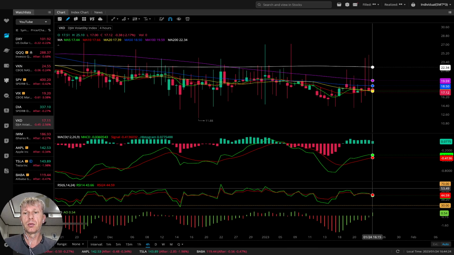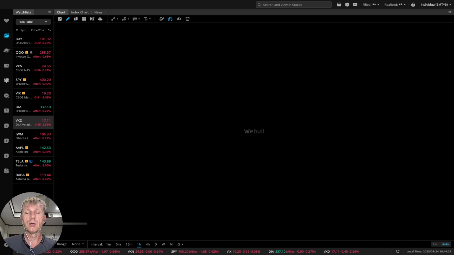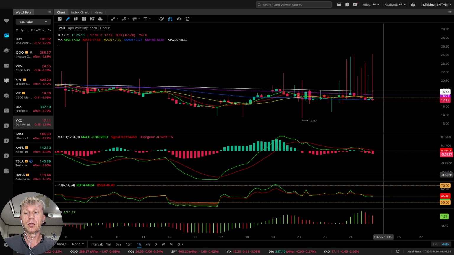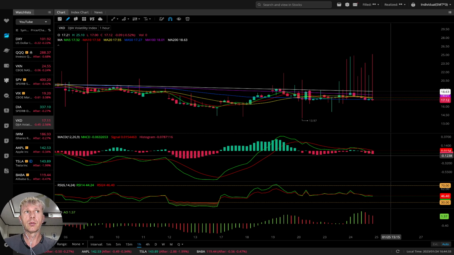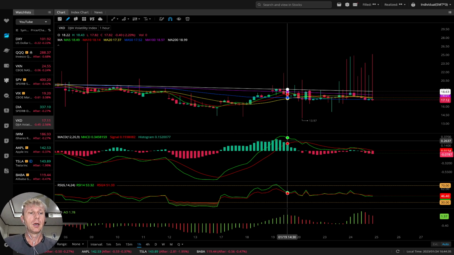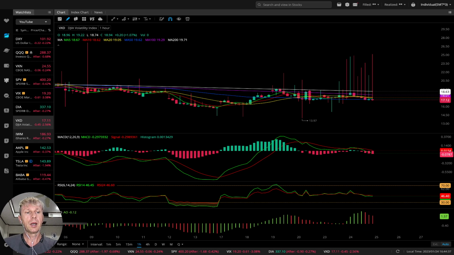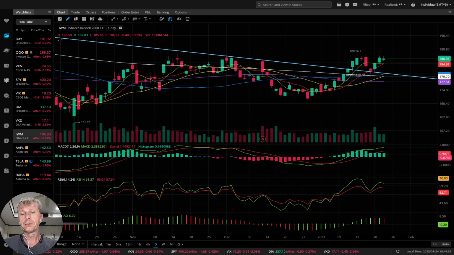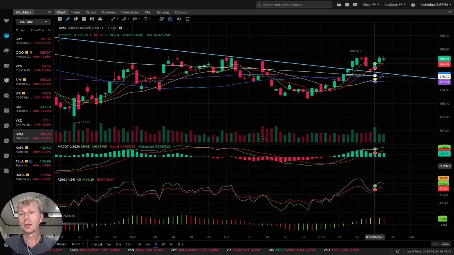Two indicators bullish, two indicators bearish. On 4 hours, mixed mode. On 1 hour, all bearish. It's bullish for 1 hour for Dow Jones.